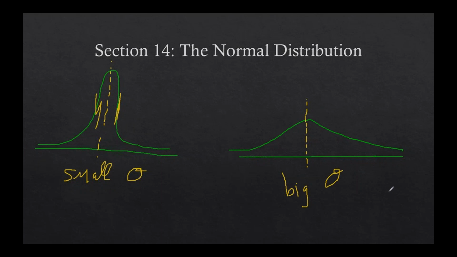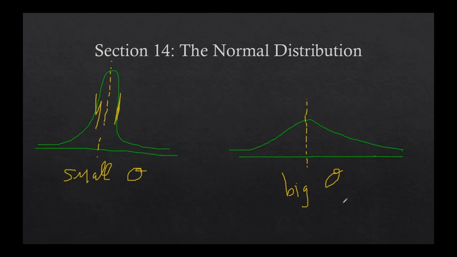Short and fat, very spread out, you have a big standard deviation. Just to give you a visual idea of what it's all about. So standard deviation really talks about the spread of your data. Depending on what you're talking about, sometimes you want a big standard deviation, sometimes you want a small one. It really depends on what you're doing.